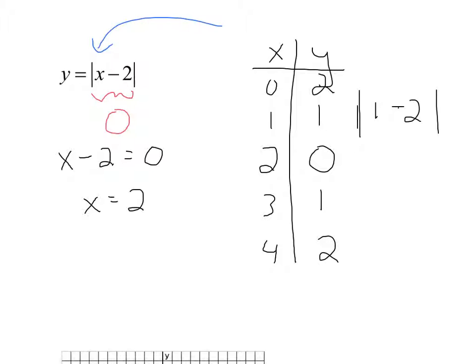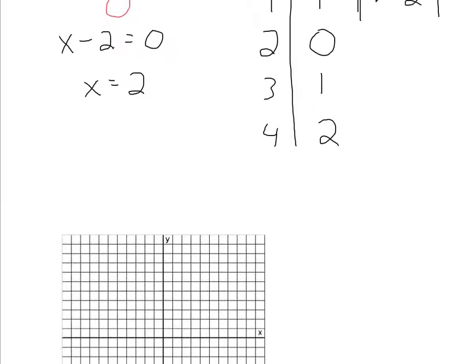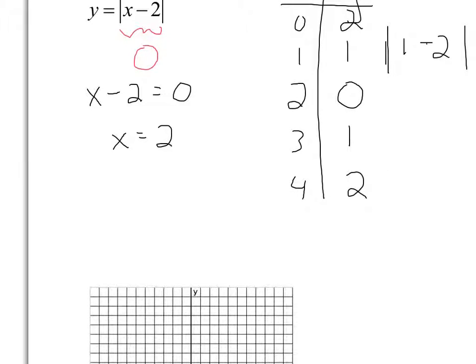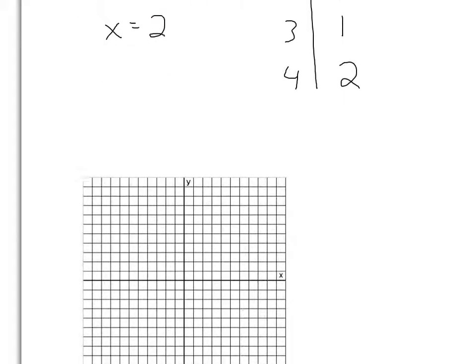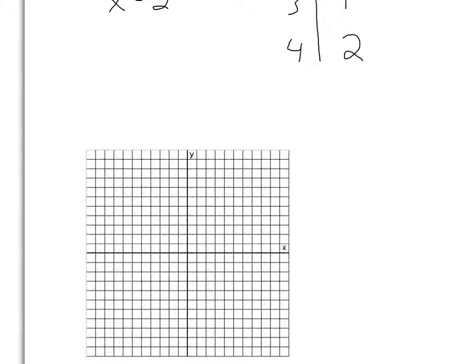You can see the y values look a lot like the last example, but the x's are different, so that means the equation has moved a little bit. So 0 is at 2. I'll put it down there. 1 is up at 1. 2 is at 0. 3 goes back up to 1.